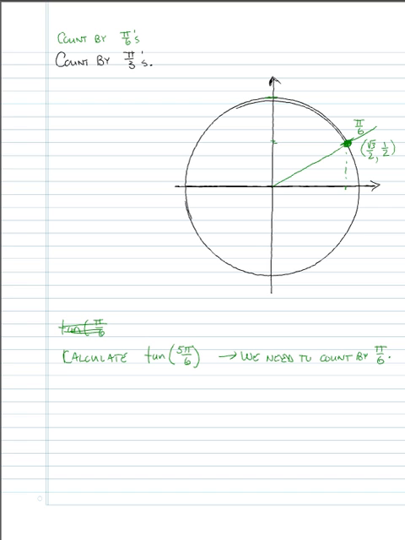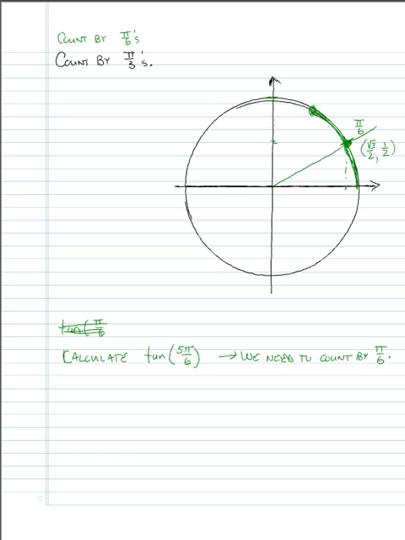I'm interested in the tangent of 5 pi over 6, and so I have to find out where that is. Okay, so here's what I've done. I've done pi over 6 to get to here. Now I'm going to take that amount and go pi over 6 again. And when I go pi over 6 again, it puts me at this position.